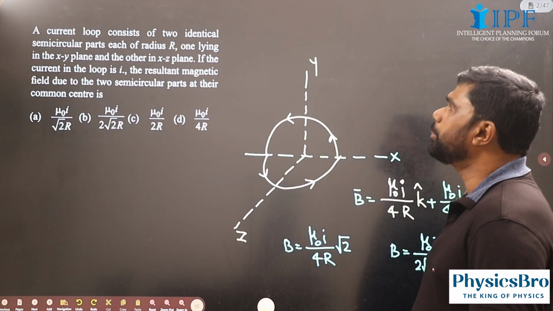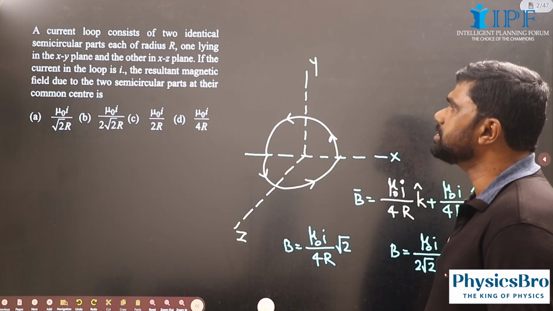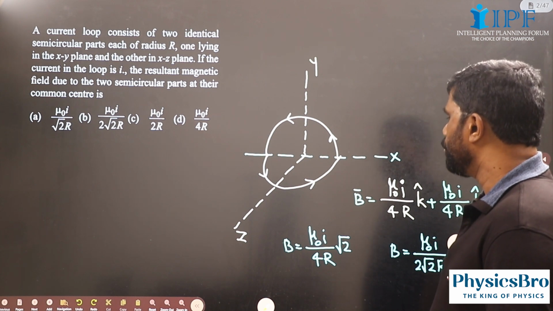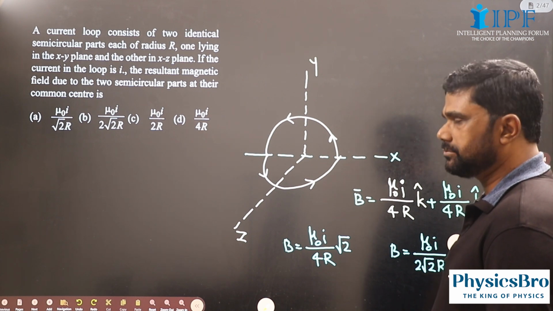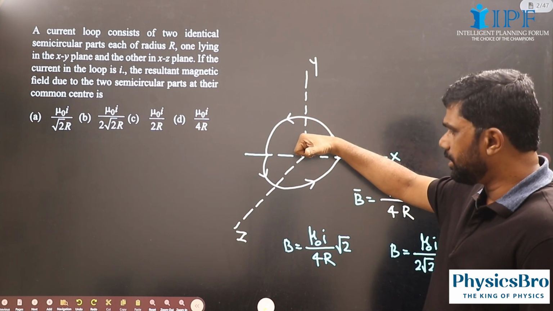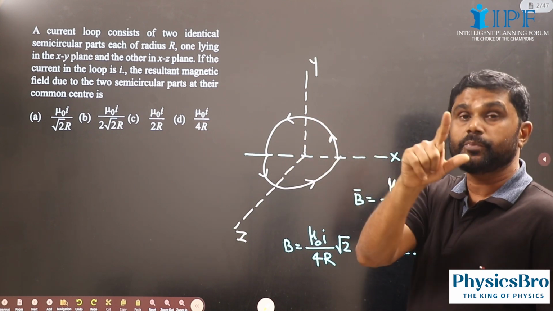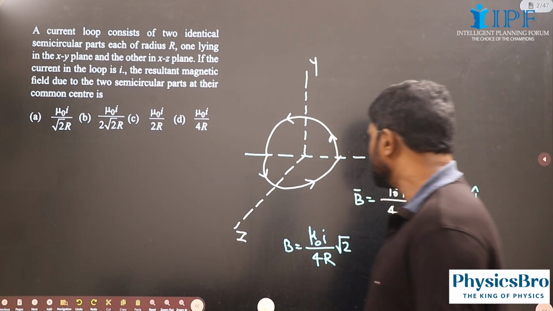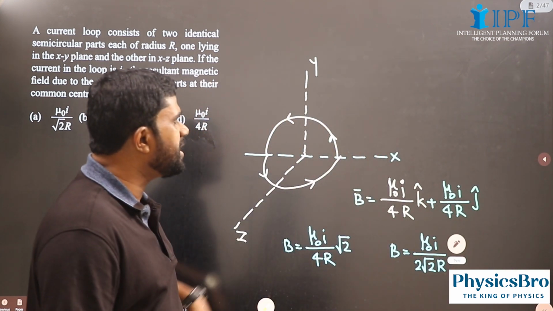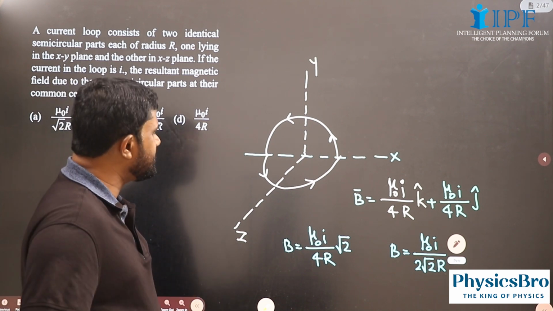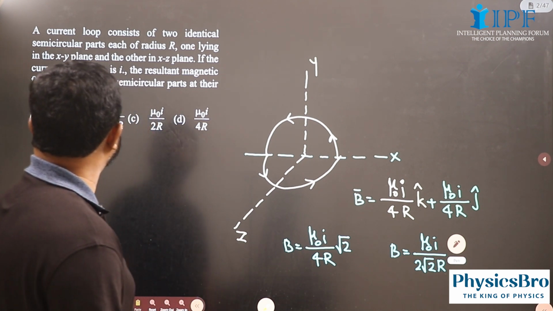A current loop consists of two identical semicircular parts, each of radius r, one lying in the xy plane. So for this one in the xy plane, the magnetic field will be along the z direction: mu 0 I by 4r k cap. And the second one is in the zx plane.